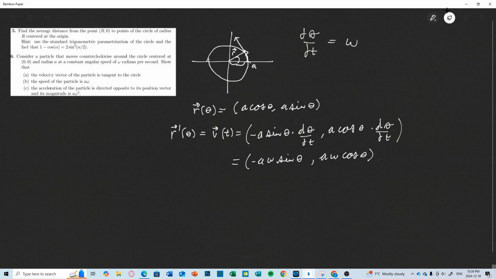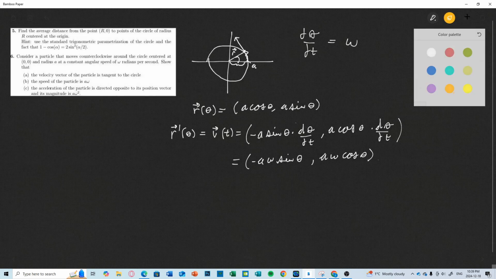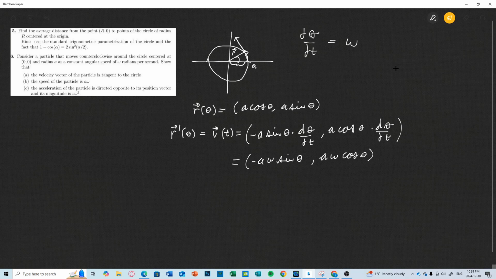But something to note is that our unit vector of r is actually equal to cos theta and sine theta. And then our unit vector of theta is equal to negative sine theta cos theta.